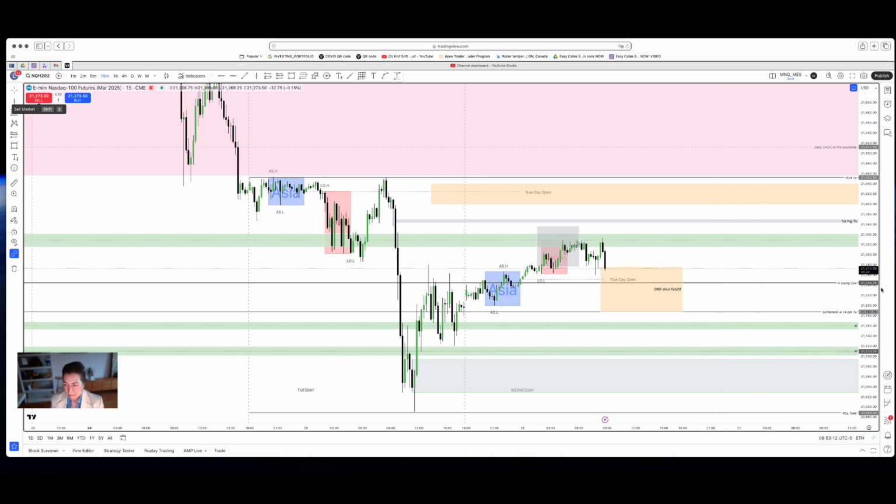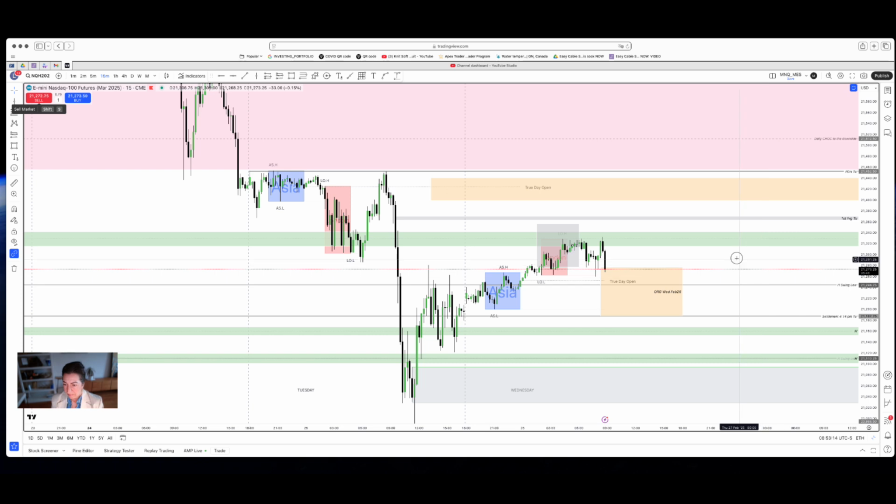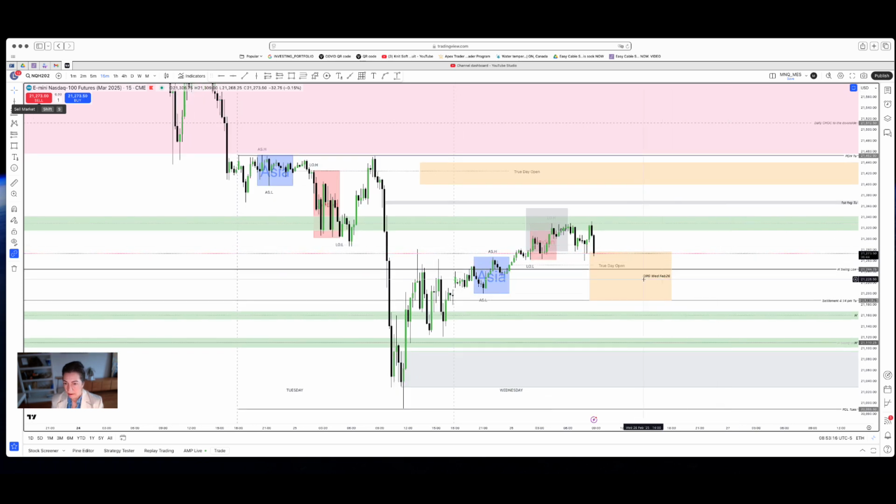Okay, so I'm on the 15-minute chart. We've got our opening range gap from yesterday, opening range gap so far from today, and now I just want to put a few verticals on my chart. I like to look for midnight last night.